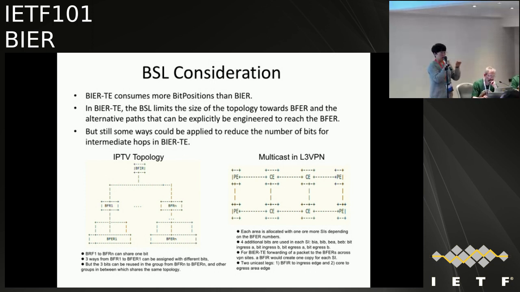In this case, we can assign 3 different bits, one to each path. Since the topology from BFRN to BFERN is similar, these 3 different bits can be reused in such similar topologies. In this way, some bits could be saved.